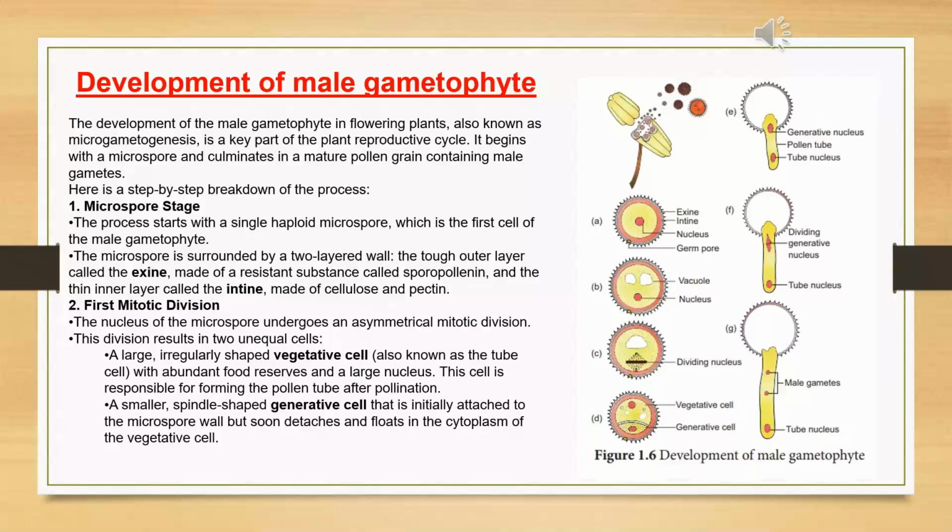This cell is responsible for forming the pollen tube after pollination. And a smaller, spindle shaped generative cell that is initially attached to the microspore wall but soon detaches and floats in the cytoplasm of the vegetative cell.